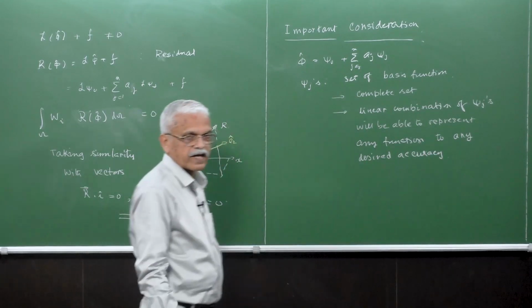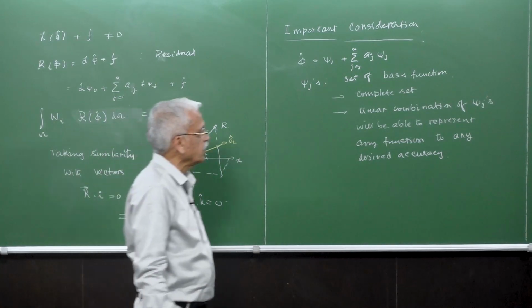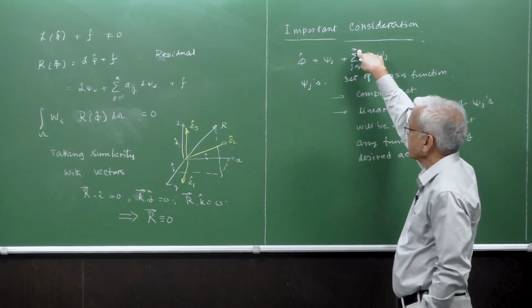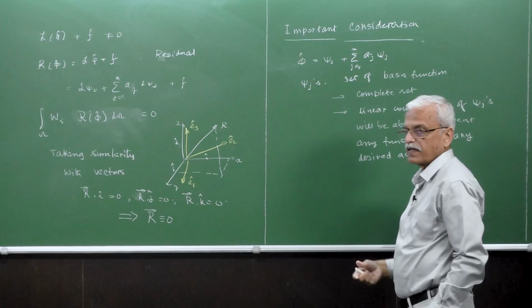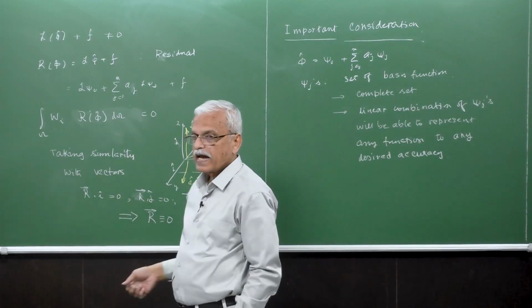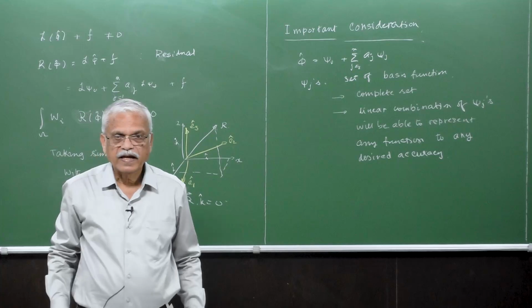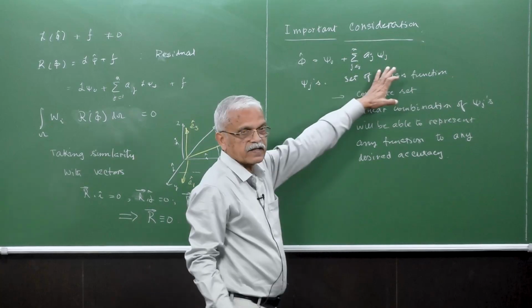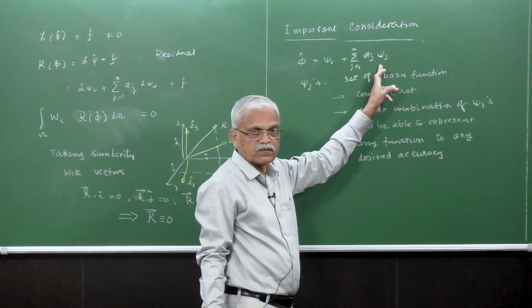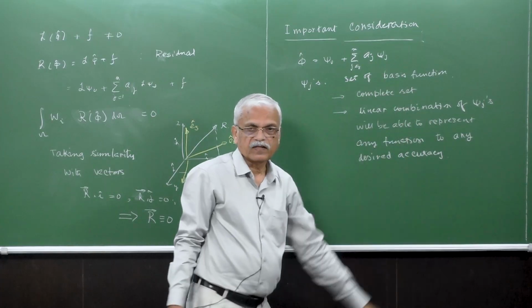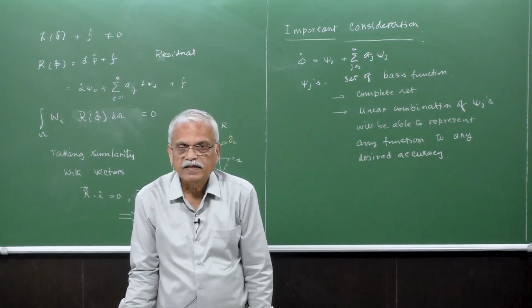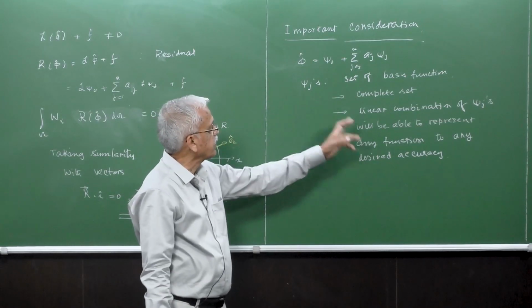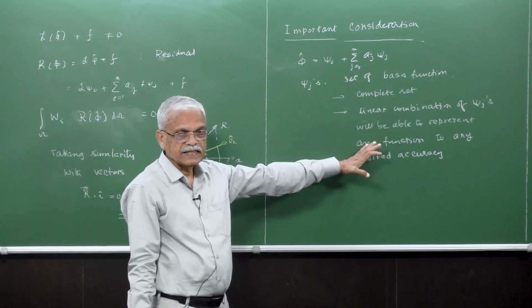Whatever accuracy you desire, you will be able to achieve it by taking n as high as possible. At this moment we do not know what the function is, given a problem, and we do not know what to use. But what we can say is that the set psi j is a complete set, and any function will be able to be represented by a linear summation in that domain.